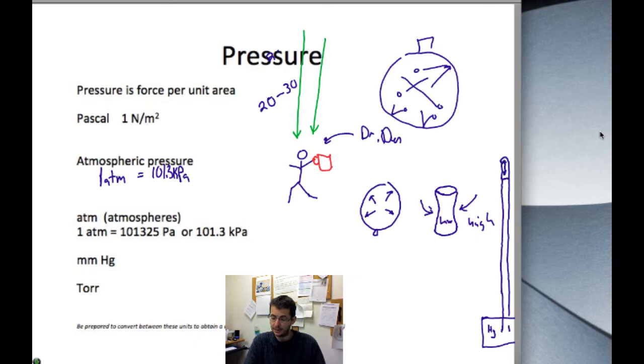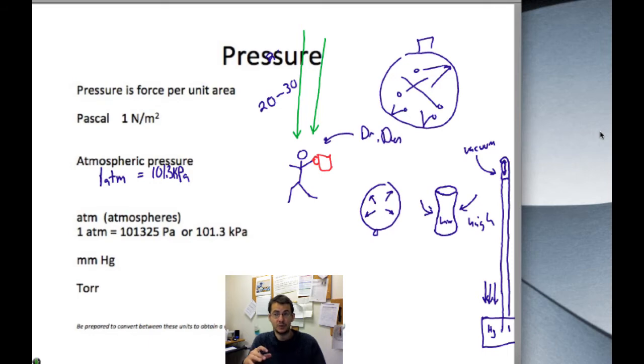Effectively, this is a vacuum above the mercury. And the reason it just doesn't drain out is because the weight of the atmosphere pushes back up against it, pushes it back up the column.